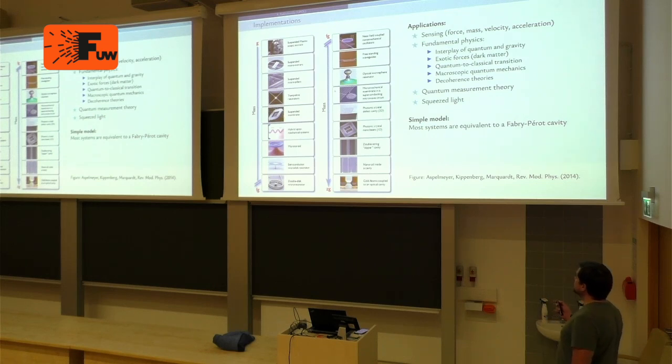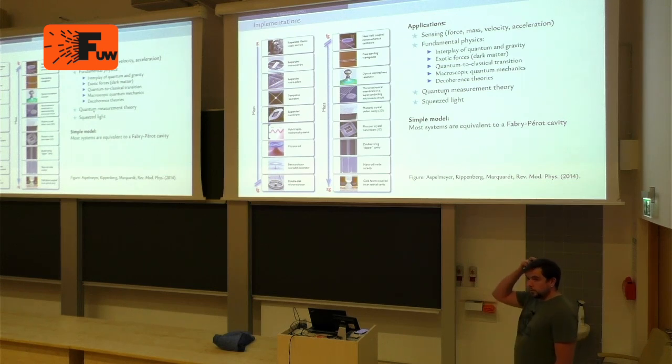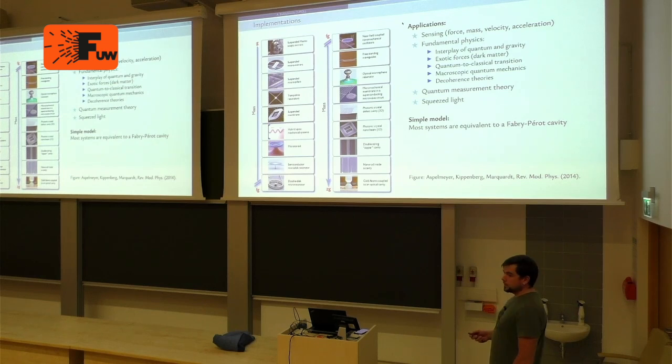Also, I put these two items separately: quantum measurement theory and squeezed light generation were, I would say, the two most practical outcomes of the development of the gravitational wave detectors. Therefore, it's quite difficult to draw a separating line between fundamental physics studies and the applications of optomechanics.